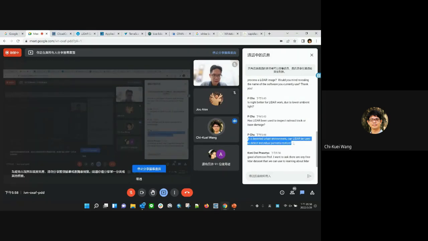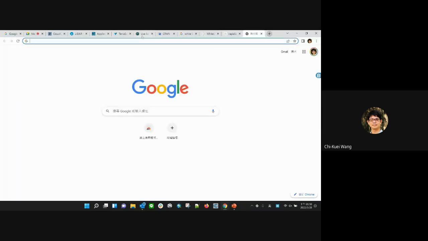Another question: in a deserted urban environment, can LiDAR be used to detect an individual person's motion? If you are talking about airborne LiDAR, no. But if you are talking about other kinds of LiDAR, yes. Might as well just show you this.